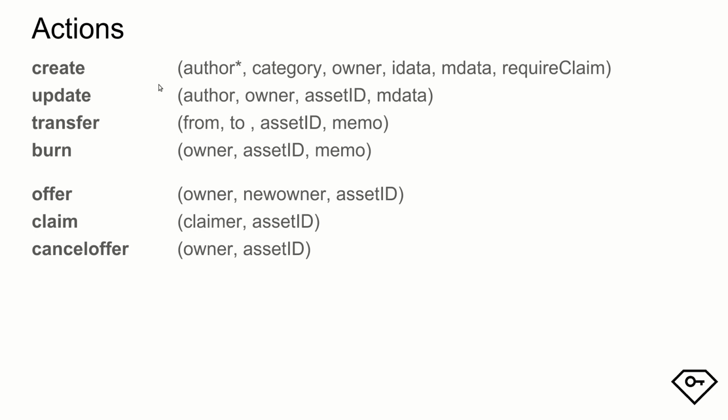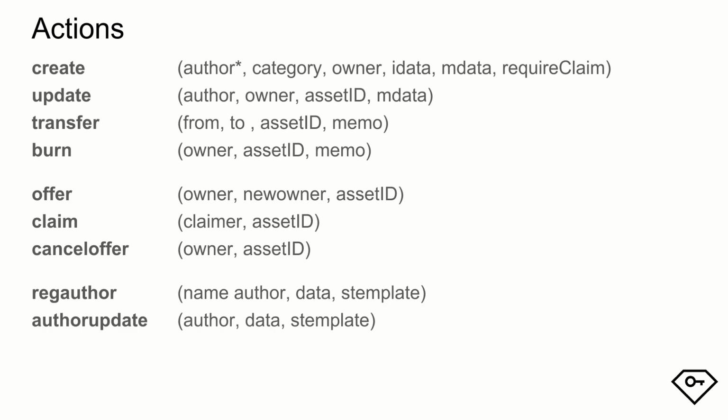If a game creates an asset right away with a different owner, it is the game that pays for the RAM and not the owner, unless they put a flag here to require a claim. How does the claim work? Well, it simply posts the asset for somebody to take, and then that somebody has to actually claim it, and they're the ones that use the memory.